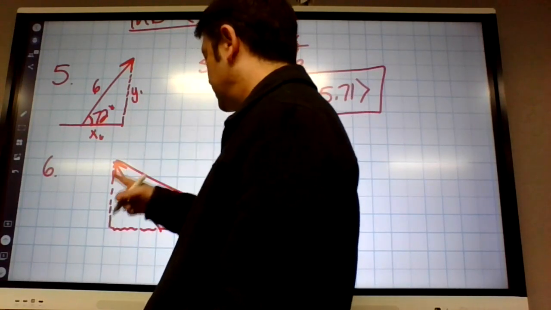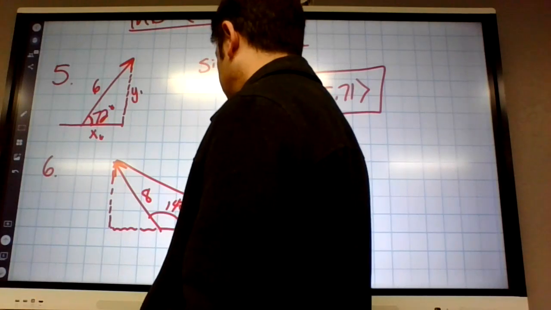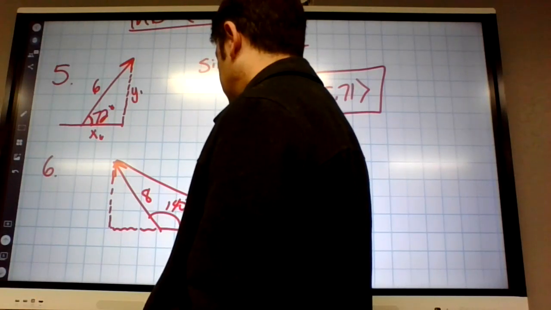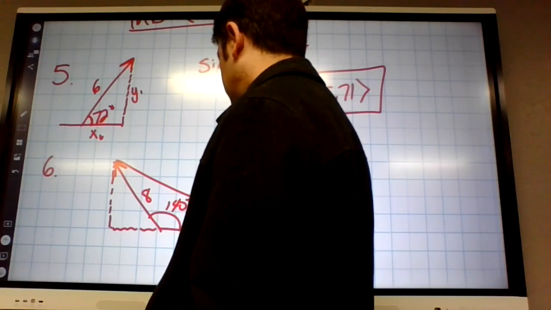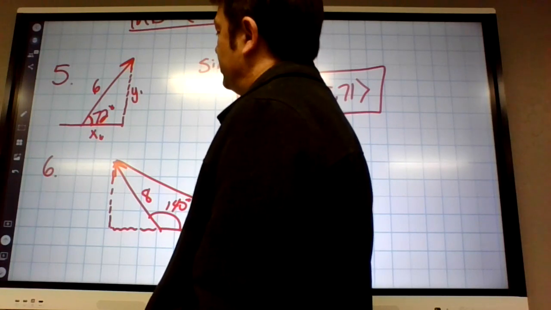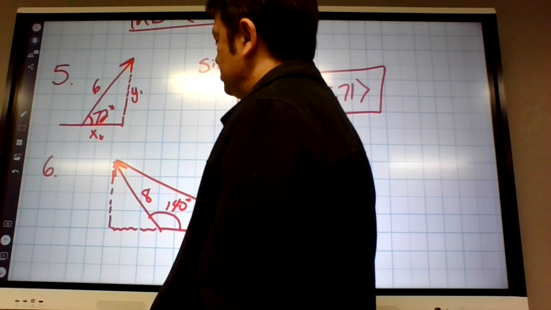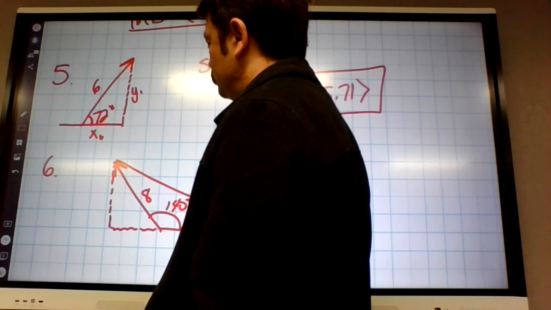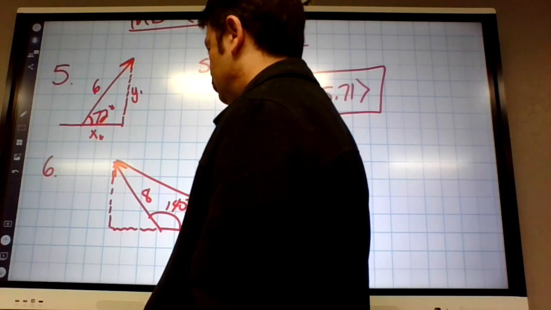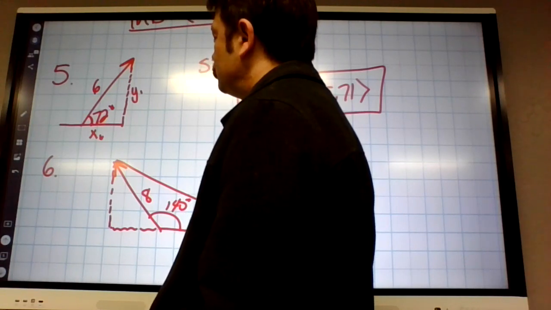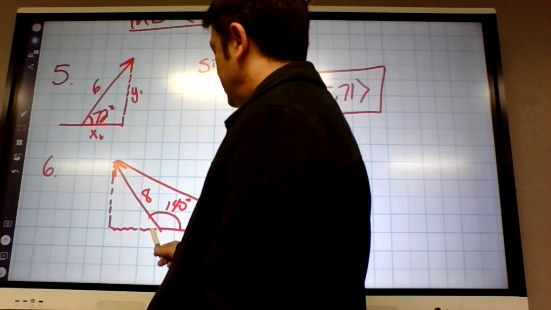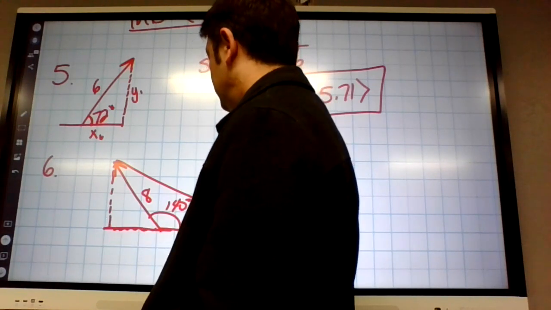No, just give us the y value. Wait, what am I missing here? This is the vector right here.